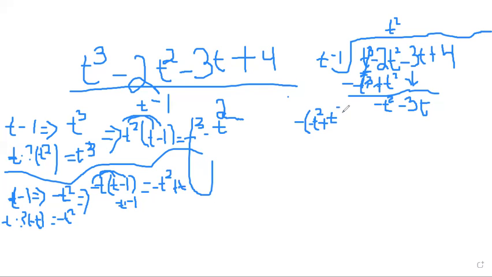But yet, because we are subtracting, we got to distribute that negative to a negative t squared. That's going to make it become a positive t squared. We got it because of subtraction. Again, we're subtracting everything because we're dividing. That negative times that positive t will allow me to have a negative t.